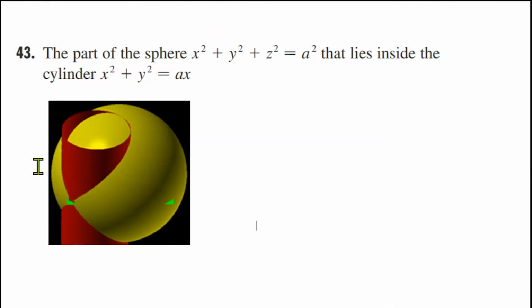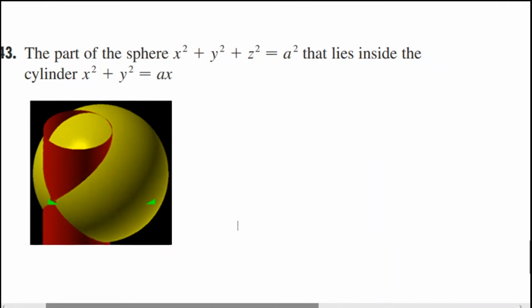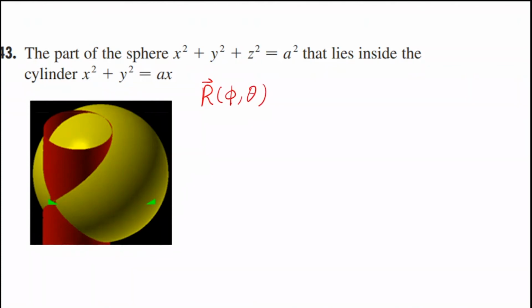Here, why don't we use standard spherical coordinates? Because this is a sphere with a radius a, isn't it? Whenever you use spherical coordinates, I tend to put this with a capital R. And then we are going to use phi and theta. The reason for this is that if I use lowercase r, then r appears a lot in polar coordinates and spherical coordinates, and that's kind of confusing.